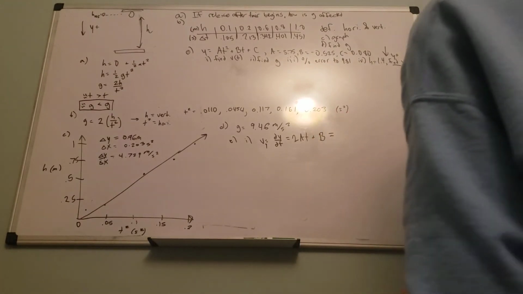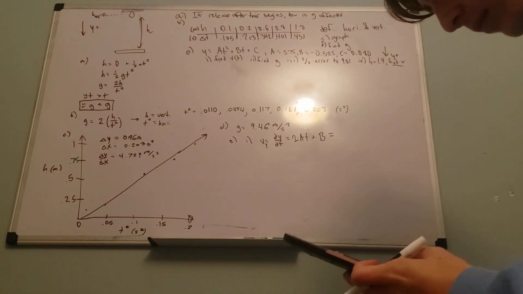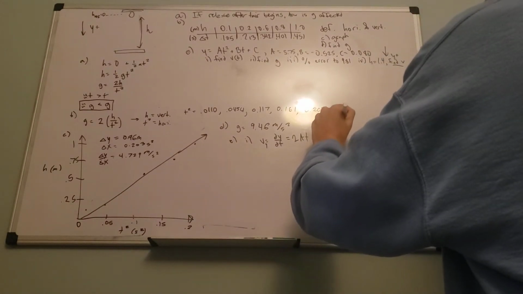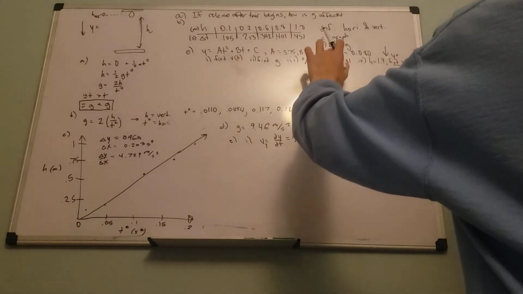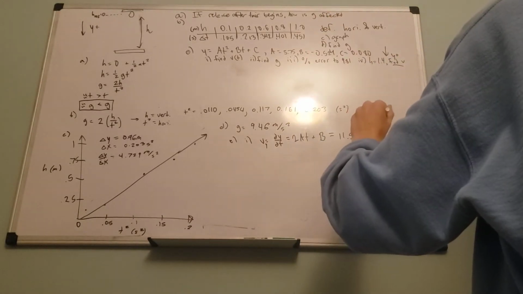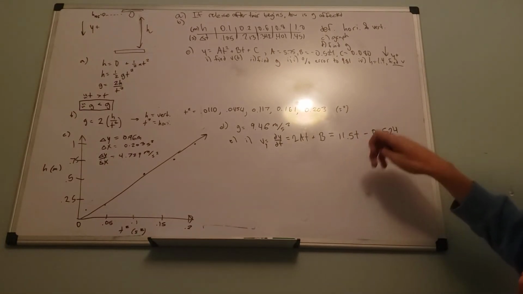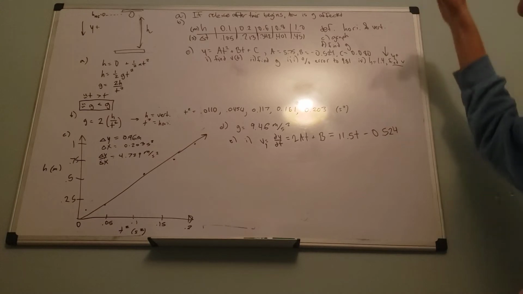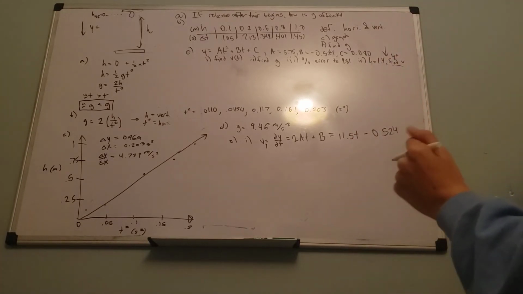You can plug in a and b. So 5.75 times 2 is 11.5t, and then b is negative 0.524. And again, they define this where y is positive when you're going down. Okay, so we've got that.